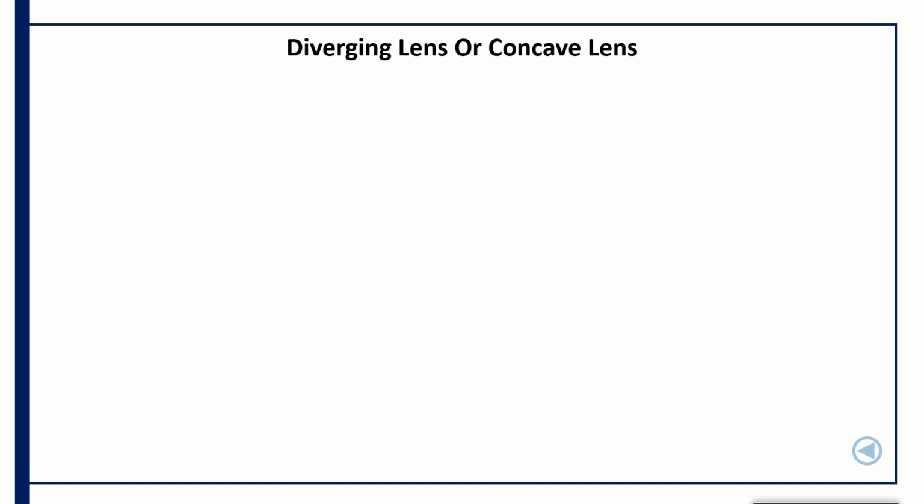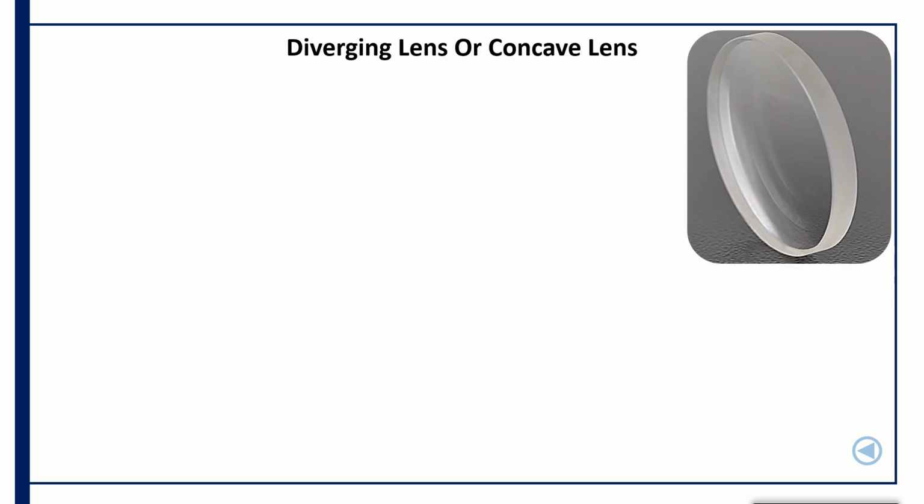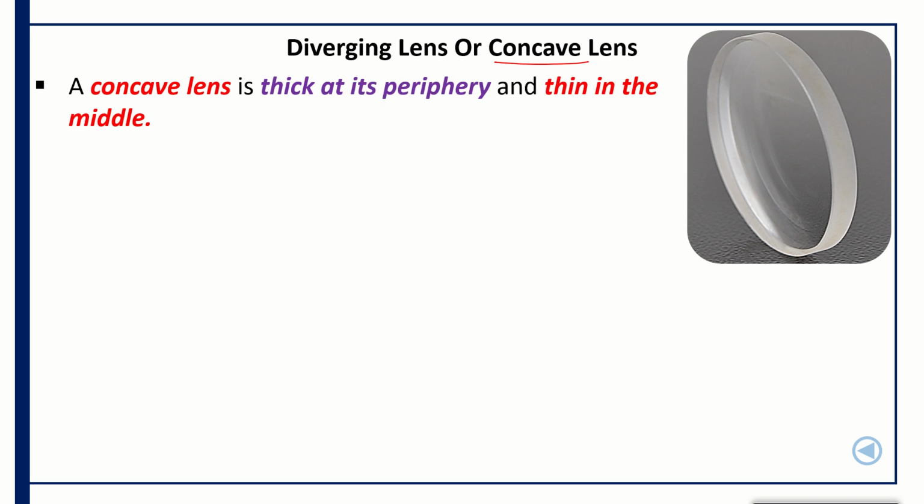Now let's try to understand about diverging lens or concave lens. As it suggests, it is having a cave at the center, so we call this a concave lens. That means it is thick at its periphery and thin in the middle.